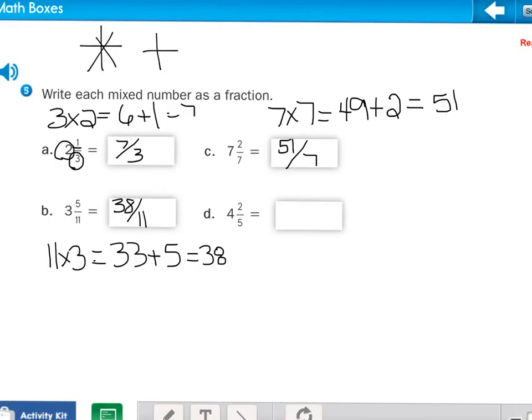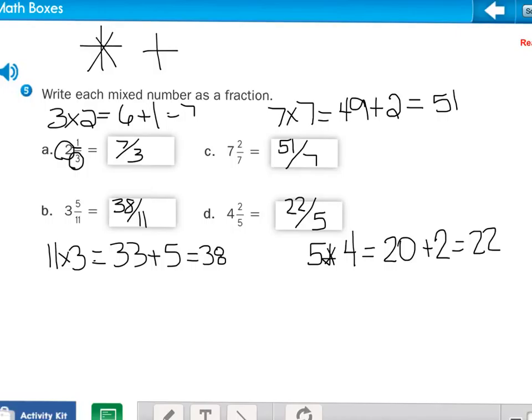And finally D, we're doing the denominator times that whole number. 5 times 4 is 20. And then we're doing 20 plus the numerator, which was 2, is 22. So 22 over, my denominator stays the same, which is 5, 22/5.